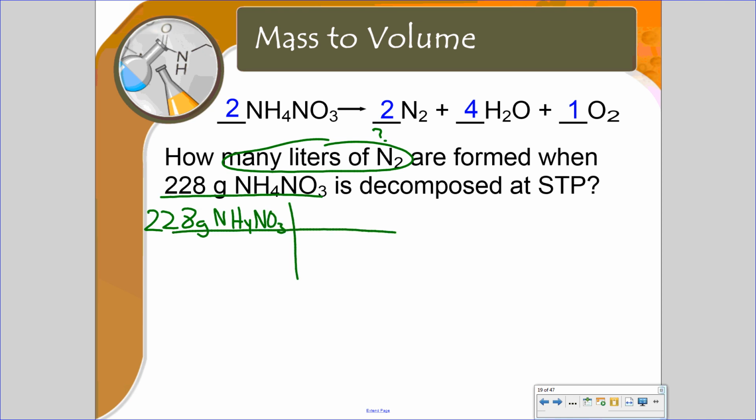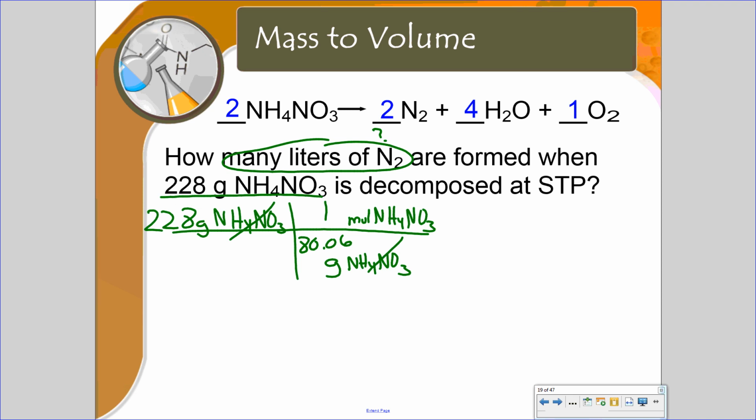And if you're not in moles, we need to get to moles. Right. Okay. That relationship is that 1 mole is equal to the molar mass, and the molar mass is 80.06.